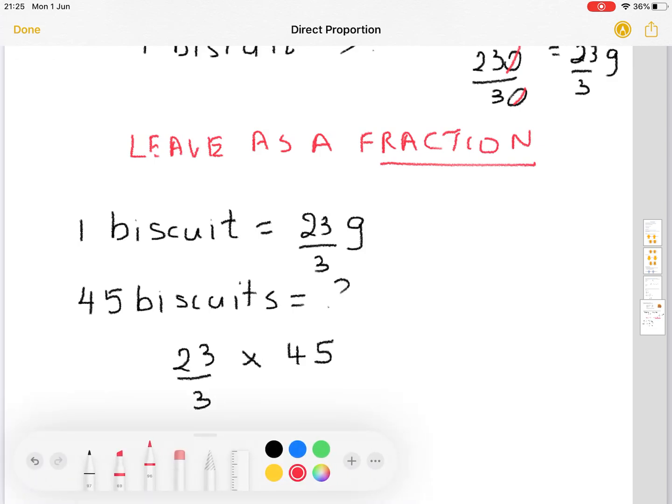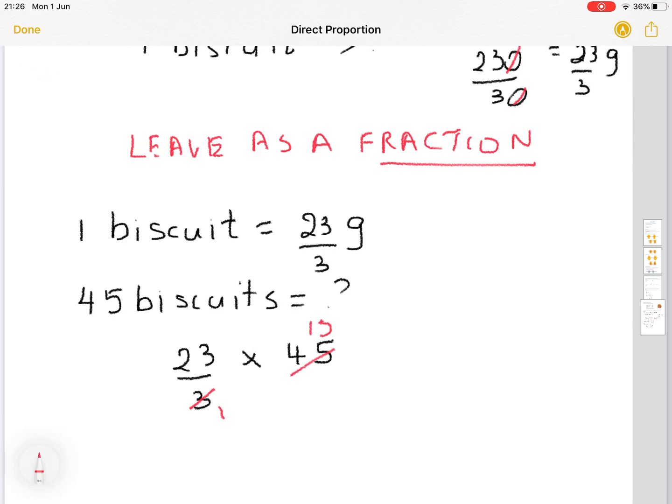You can now realize that is why it's so convenient to leave as a fraction, because they can cancel. The 3 into 3 goes 1, the 3 into 45 goes 15, and 23 times 15 is 345 grams of self-raising flour, okay?